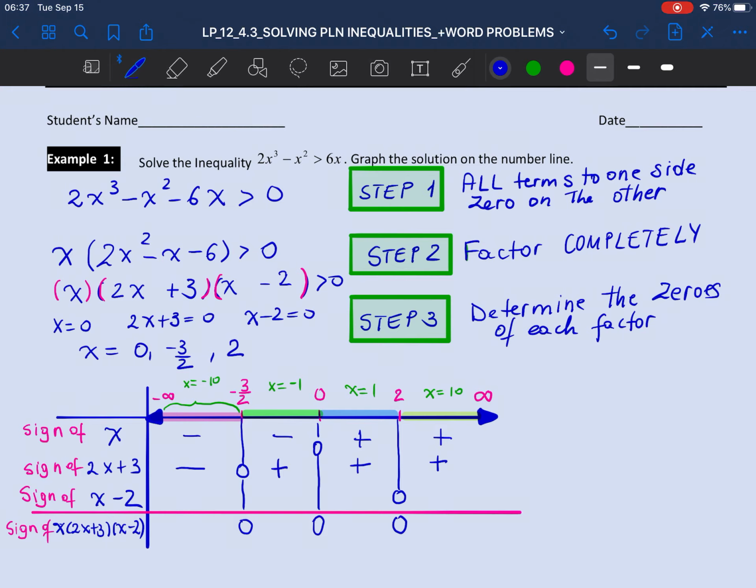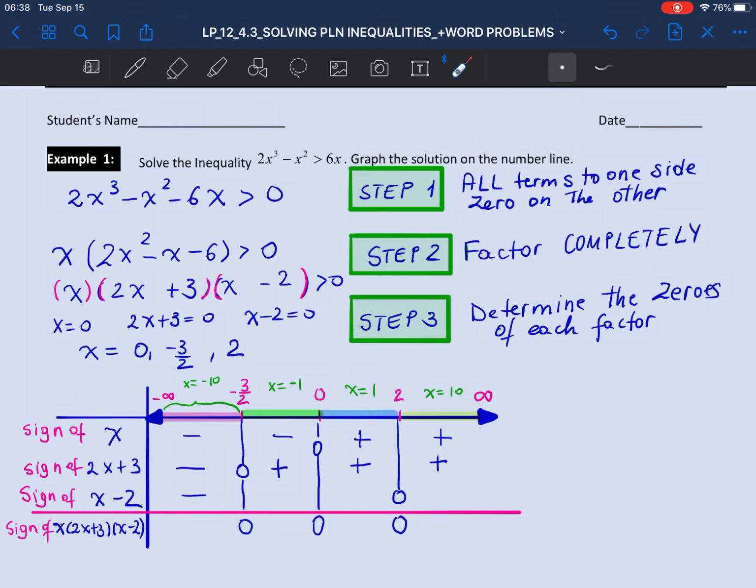Now, the last factor is x minus 2. So x minus 2 is 0 at positive 2. Between negative infinity and negative 3 over 2, we chose negative 10. Negative 10 minus 2, negative 12. So that's negative. Between negative 3 over 2 and 0, we chose a testing value of negative 1. It's just a random number we pick from this interval.